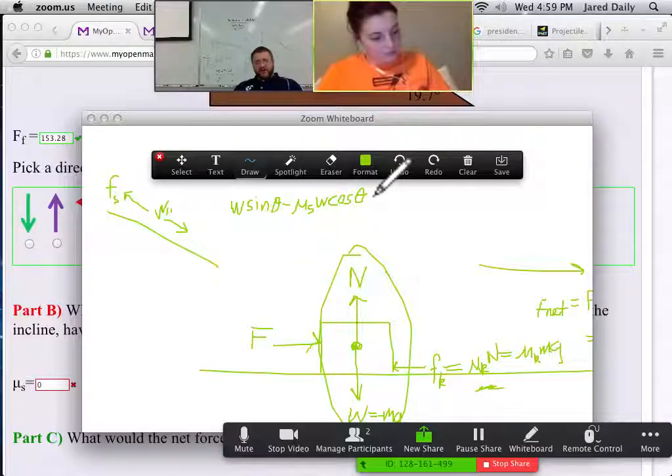And then that was equal to 0. Right? Yeah. And if you solve this equation for mu sub s, you will get the correct answer. I got 0.36. And that is correct.